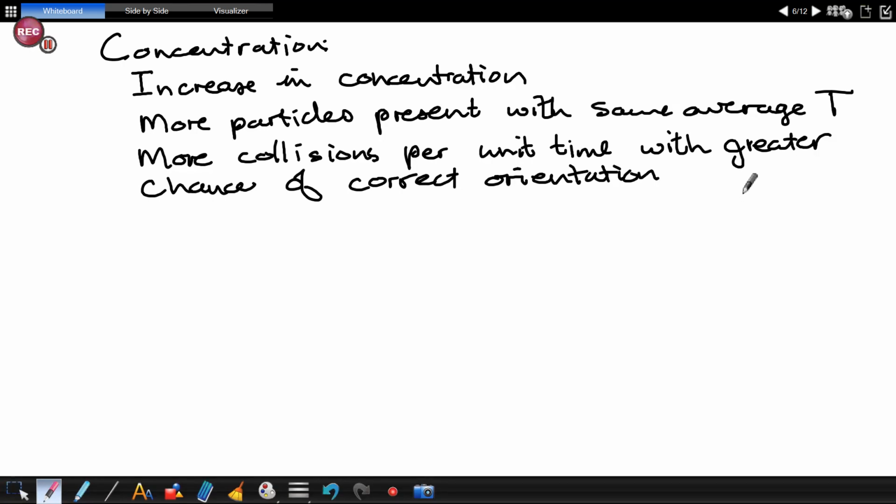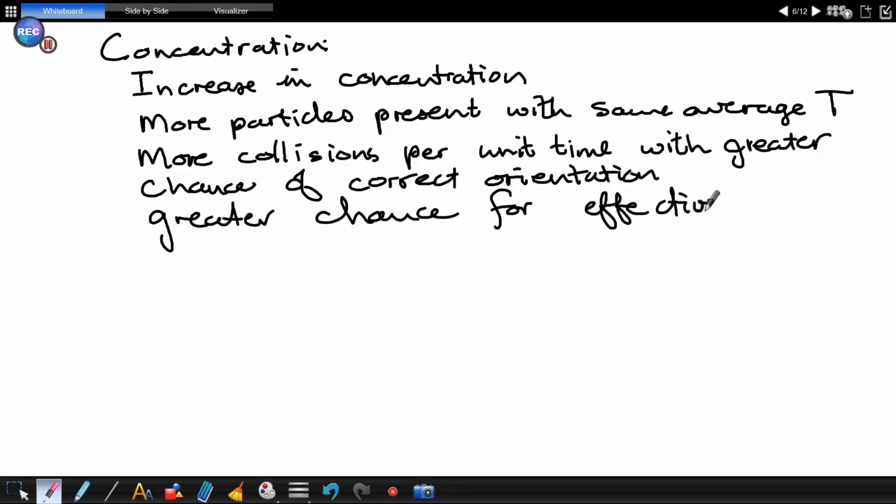It wasn't like that years ago, but they are stressing that in the last two years. So if you have more collisions per unit time, there will be more collisions with the correct orientation per unit time, so there is a greater chance for effective collisions.